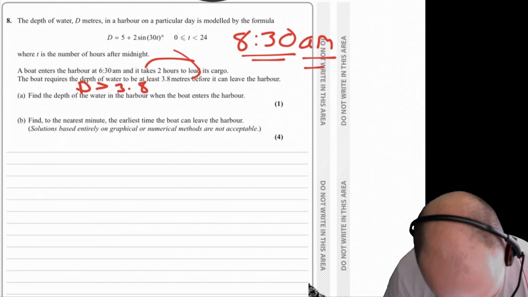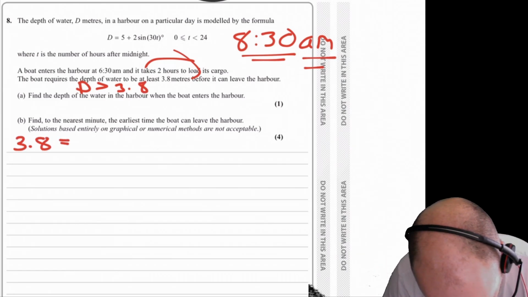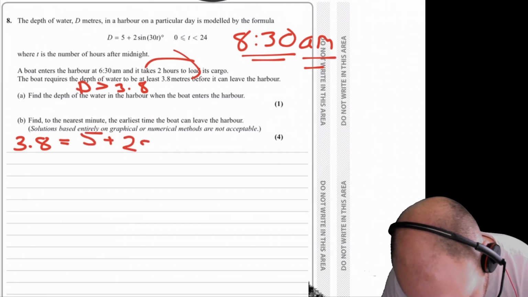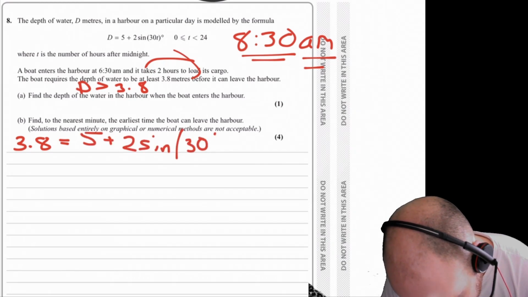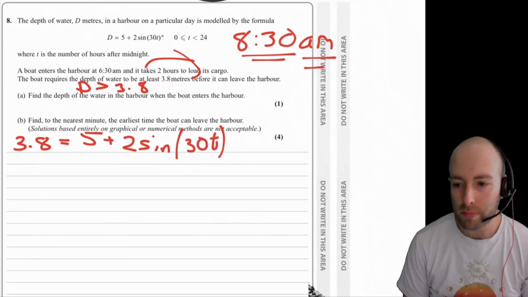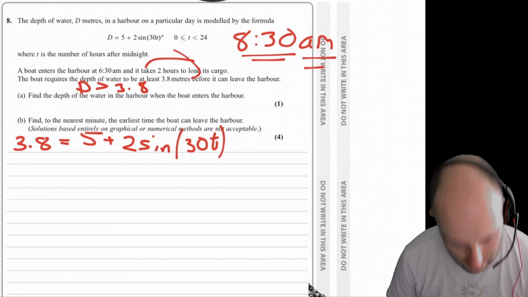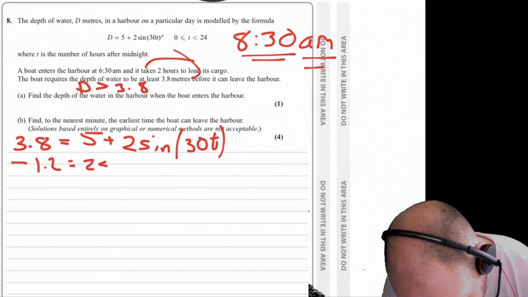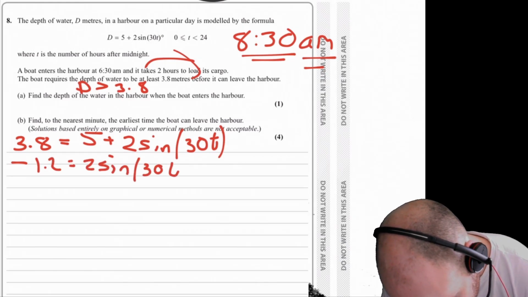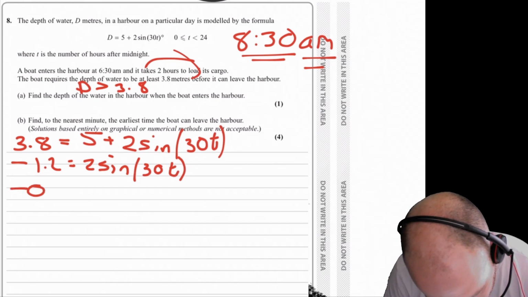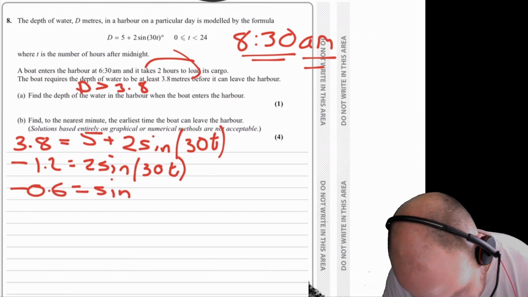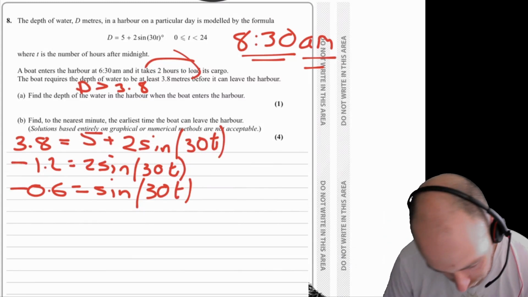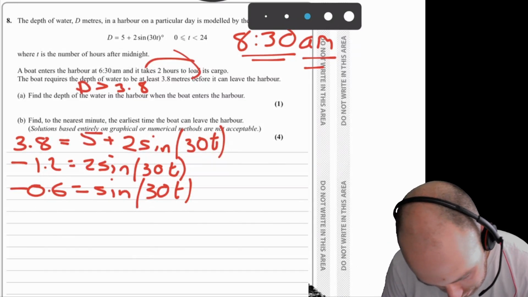So basically trying to solve this, we're going to say 3.8 equals 5 plus 2 sin(30t). Take 5 from each side to get minus 1.2 is 2 sin(30t). Divide by 2, minus 0.6 is sin(30t).